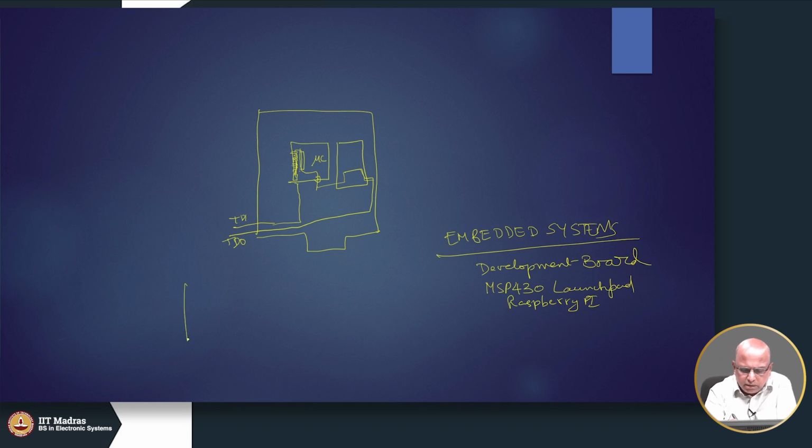So the PC runs a software, and in that software maybe we want to look at all the registers that are there in that particular processor, MSP 430, R1, R2, and we want to show its content.